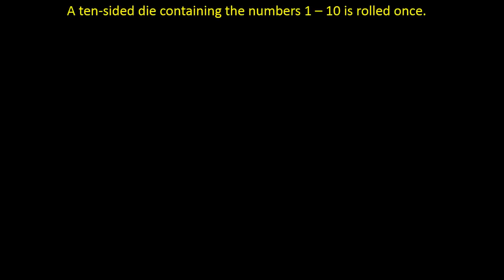So let's suppose we have a 10-sided die, and that 10-sided die contains the numbers 1 through 10, and we're going to roll that die once. So that would be our experiment. The possible outcomes would be the numbers 1 through 10, because those are the numbers on the sides of the die, and they're equally likely.